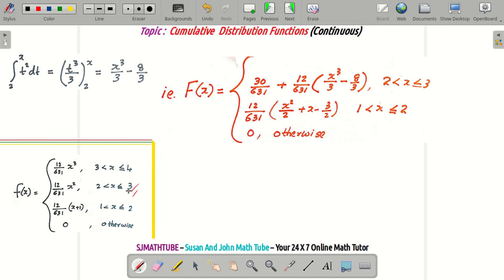So we have reached accumulating till 3. So the first thing I'm going to do is I'm going to plug in this value in this function so that I get the sum of all the probabilities from minus infinity to 3.